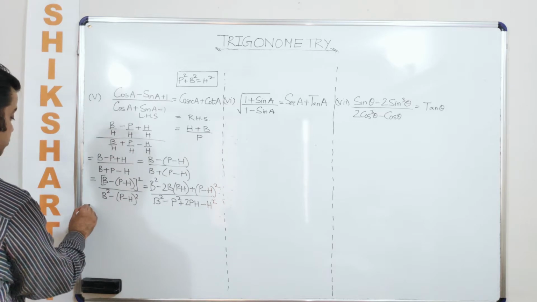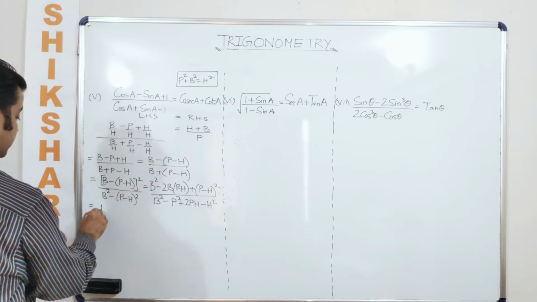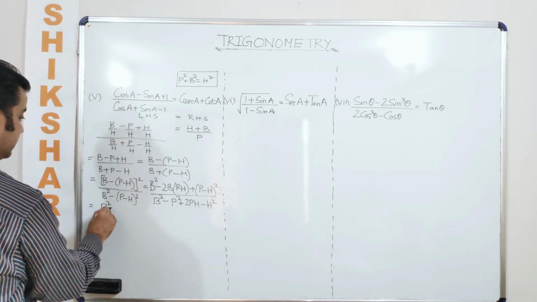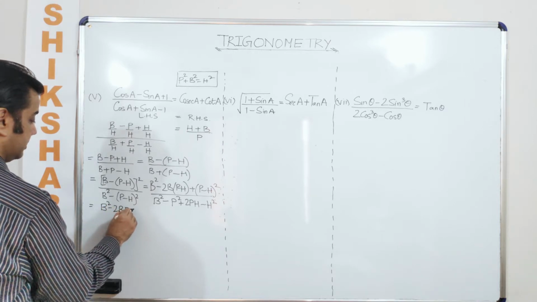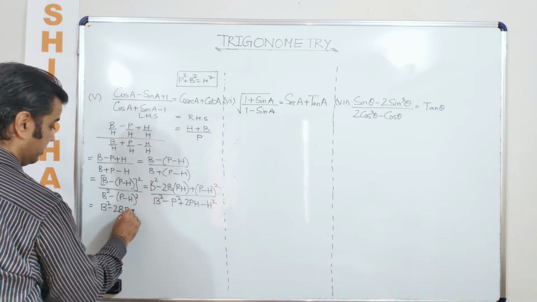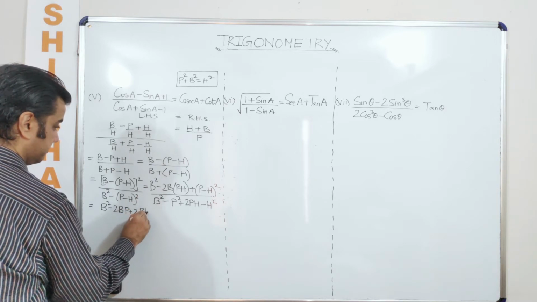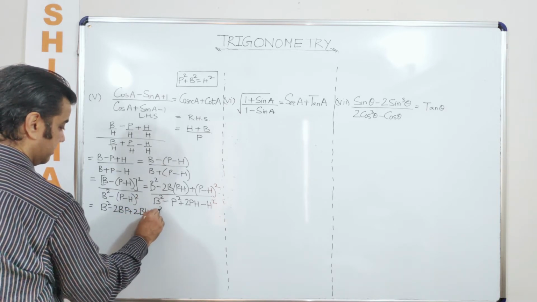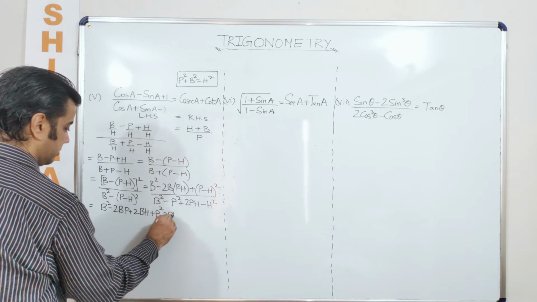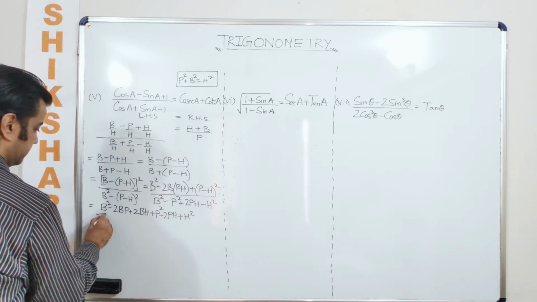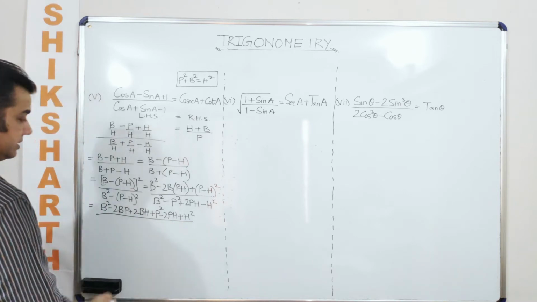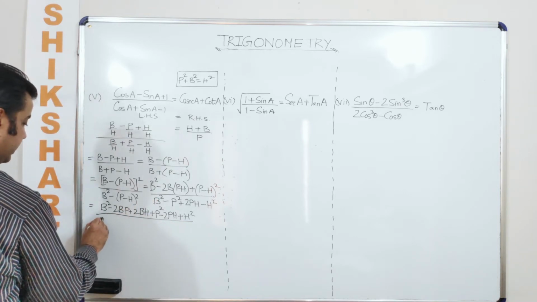Now talking about the numerator, will I get b square minus 2bp, minus which is plus now 2bh, plus p square minus 2ph plus h square.